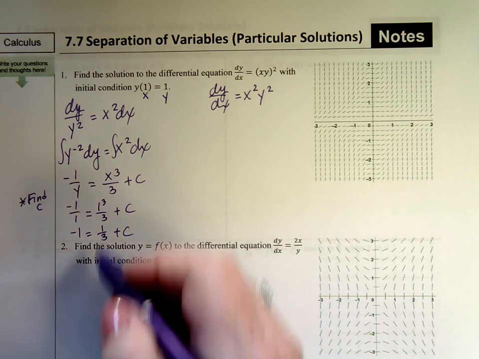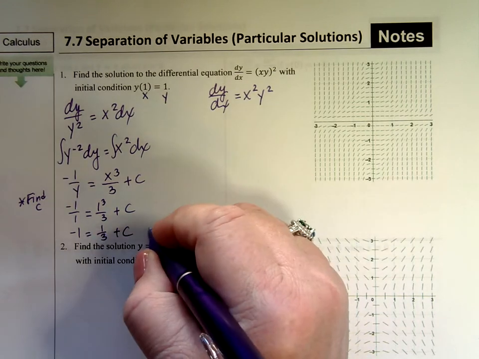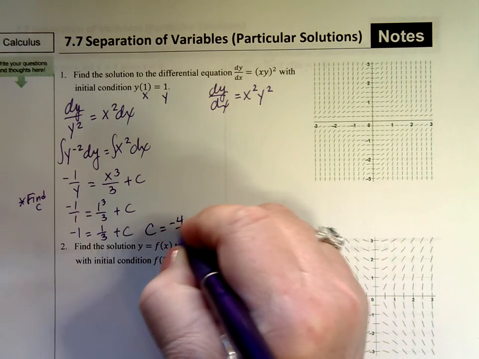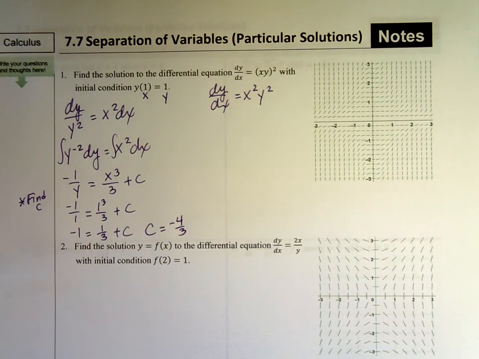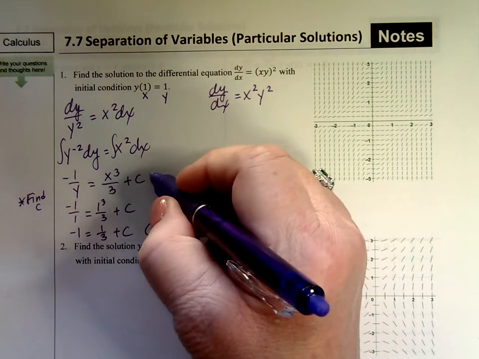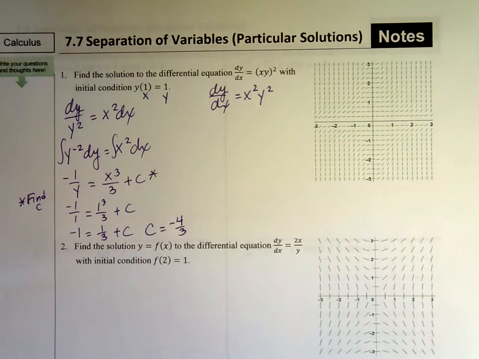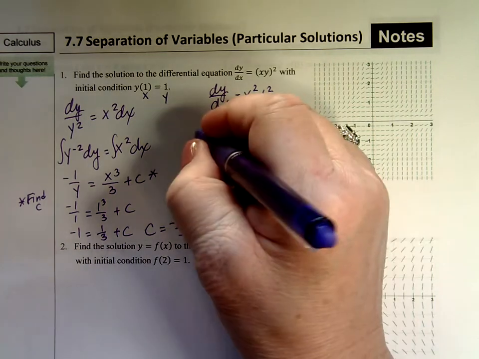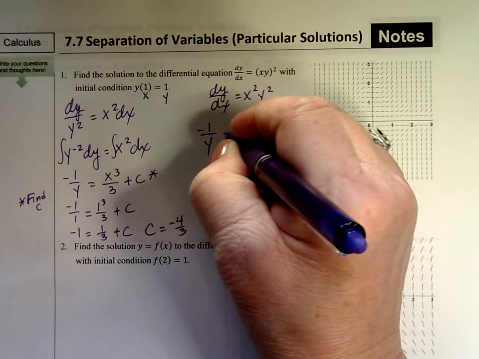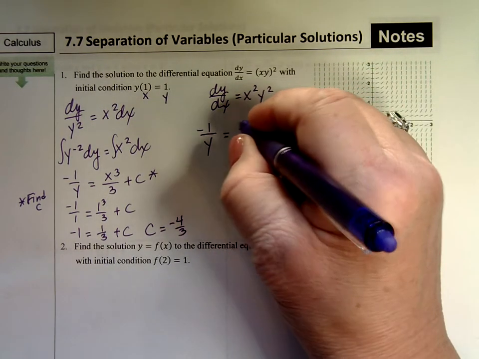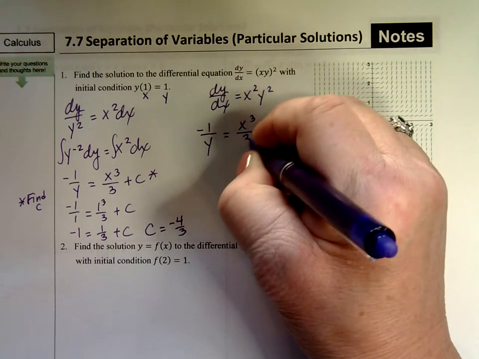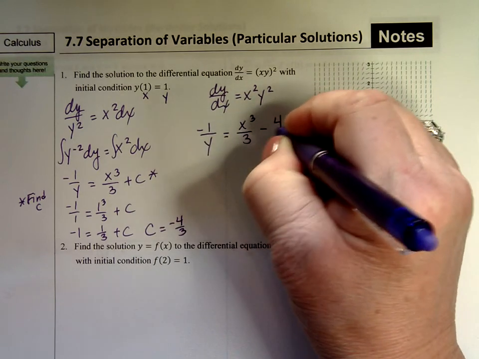And so when I bring this 1/3 to the other side, it's 1 and 1/3, so c is negative 4/3. Well, you normally don't see it as 1 and 1/3. So let's go back to our equation, which was here. I have negative 1 over y equals x cubed over 3 minus 4/3.